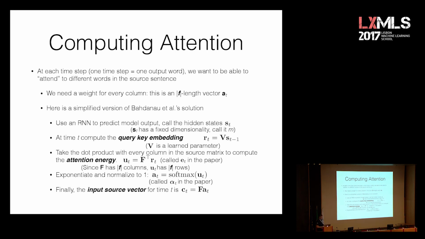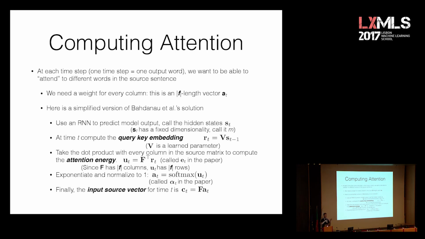Now we're going to exponentiate and normalize using a softmax function. We'll call this A sub t. This guarantees that our attention weights are between 0 and 1 and sum to 1. So it looks a bit like a probability distribution, but we're not actually going to do anything probabilistic. We're not going to sample anything. There's going to be no hard decision about where to attend.